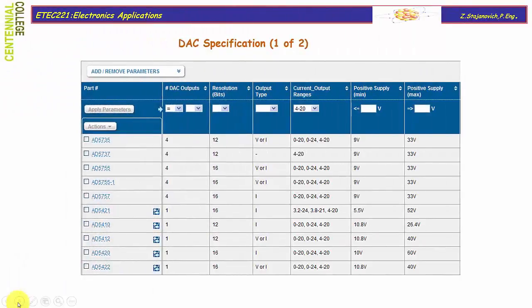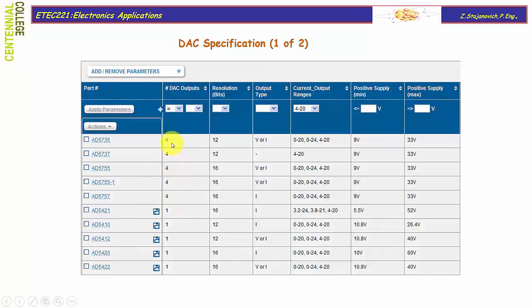At the end, let's say a couple of words about digital to analog converter specifications. The table that you see I pulled from the Analog Devices site, and it lists several integrated circuits which contain either one or four digital to analog outputs. In the first column you see the number of outputs.